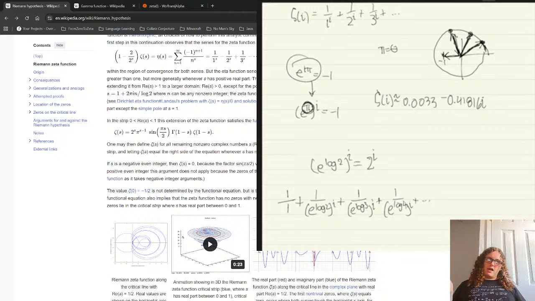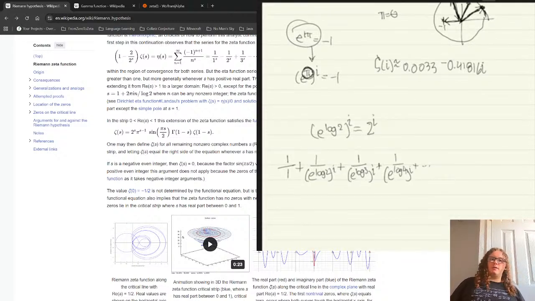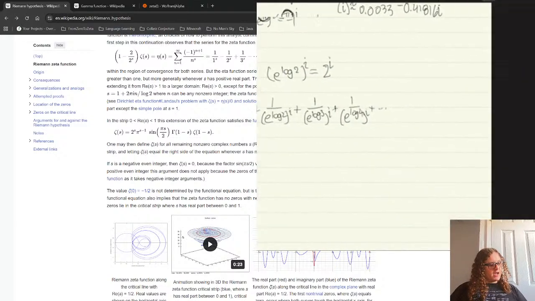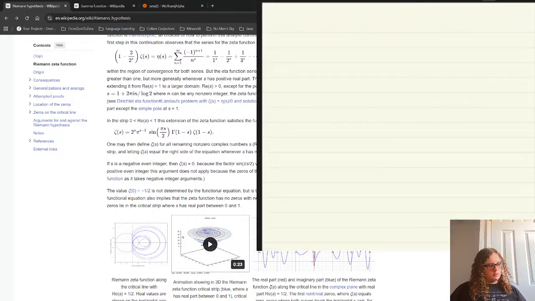And likewise for any s less than 0, except for the trivial zeros, of course. So that is why we're so interested in the real part of s being between 0 and 1.